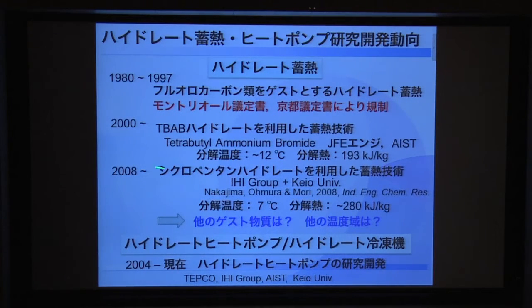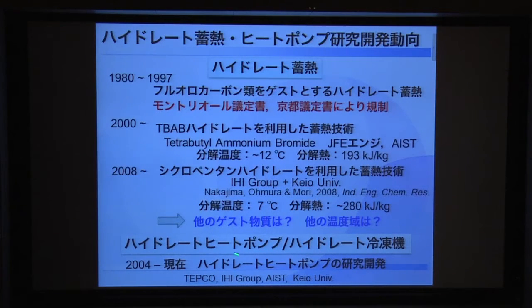Another example, which came a little later from Keio University and IHI in a joint research, is cyclopentane used as a guest for hydrate, really suitable for thermal storage. There may be other hydrates that could be used because we have not really exhausted our search for other candidates. I will talk about this later on.